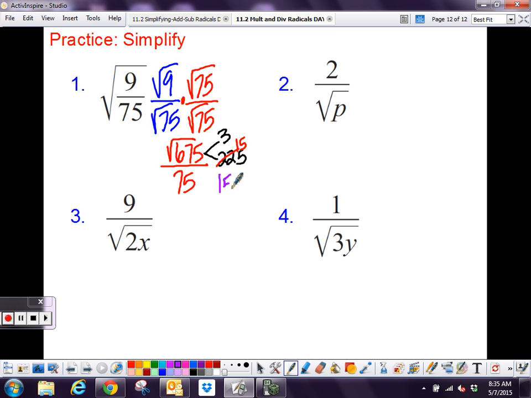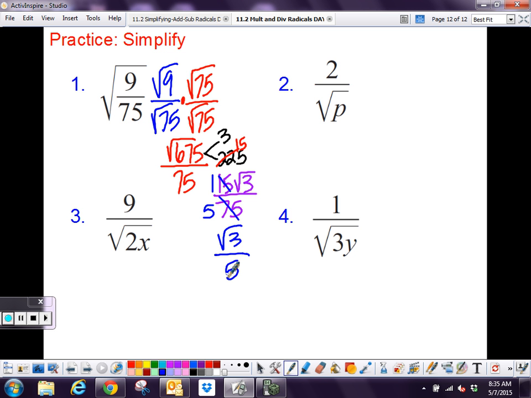So I have 15 square root of 3 over 75. But I have to simplify this 15 over 75, and that is going to simplify into 1 over 5. So I end up with the same thing, square root of 3 over 5.